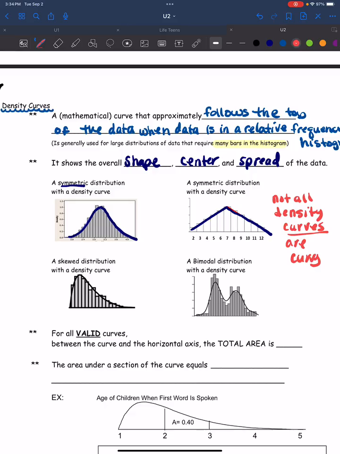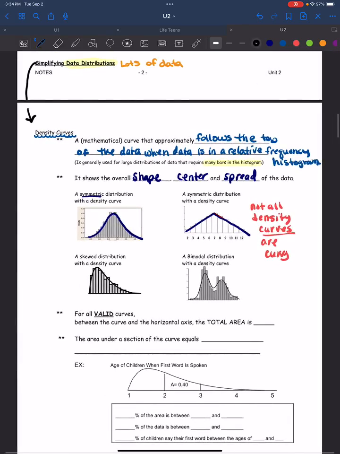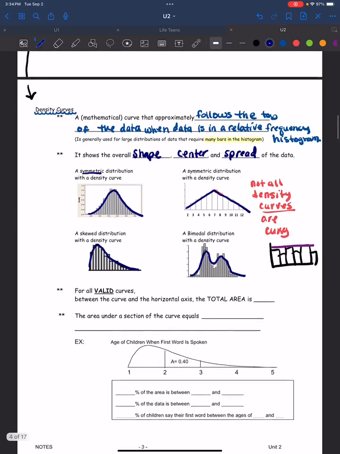Or you could have a density histogram where all the bars look uniform across, and the density curve for that would look something like that. That's not curvy either. We also see density curves where we've got a skewed right density curve, or even here a bimodal one. So density curves just simplify the overall picture.